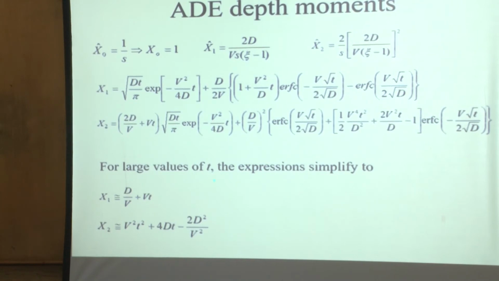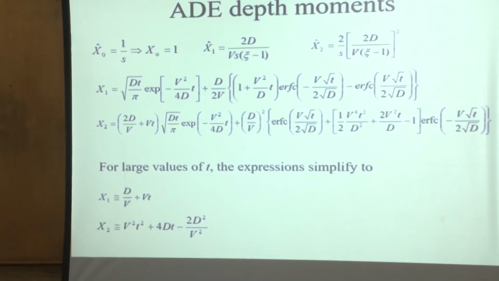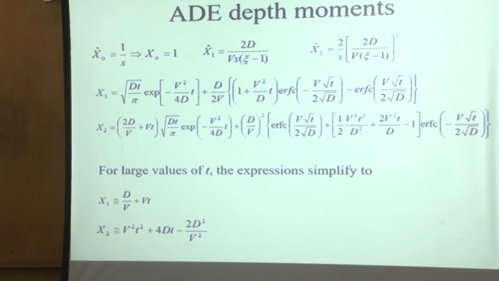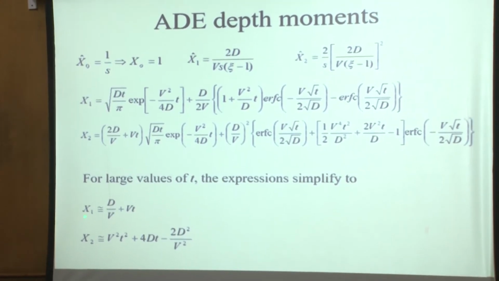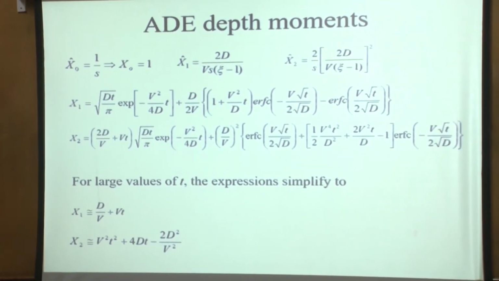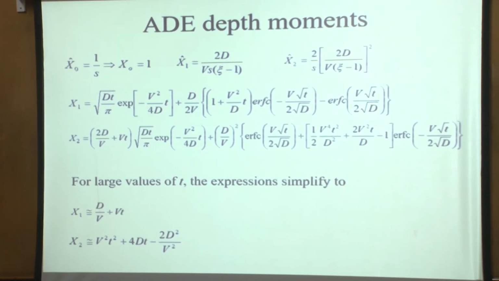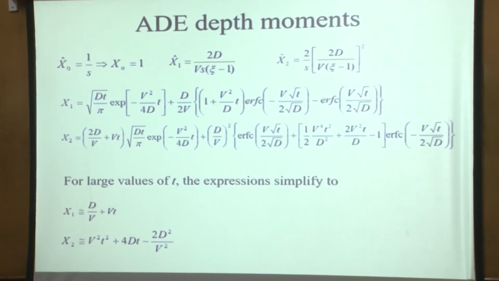For large values of t, whatever we think is large, these will simplify to something that looks like this, which essentially means that after sufficient time, the rate at which the plume will move forward, according to the first moment, is going to be proportional to time. The proportionality constant is velocity. No surprise over there, because that's how we think the plume should move.